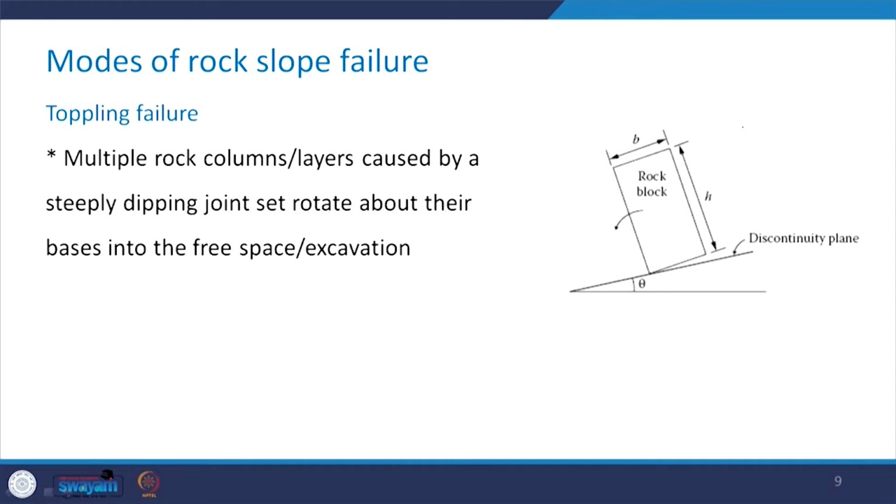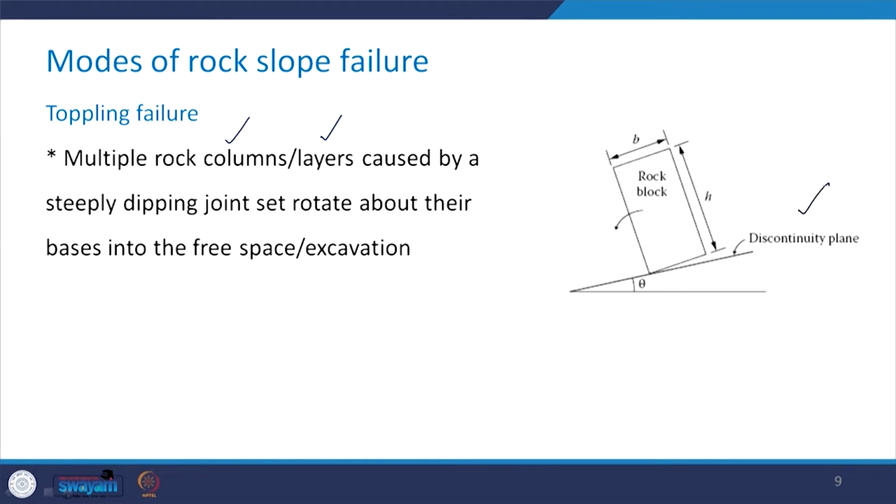The next mode of rock slope failure is the toppling failure, and this occurs where we have multiple rock columns or layers caused by steeply dipping joint sets, and when they rotate about their bases into the free space or excavation.